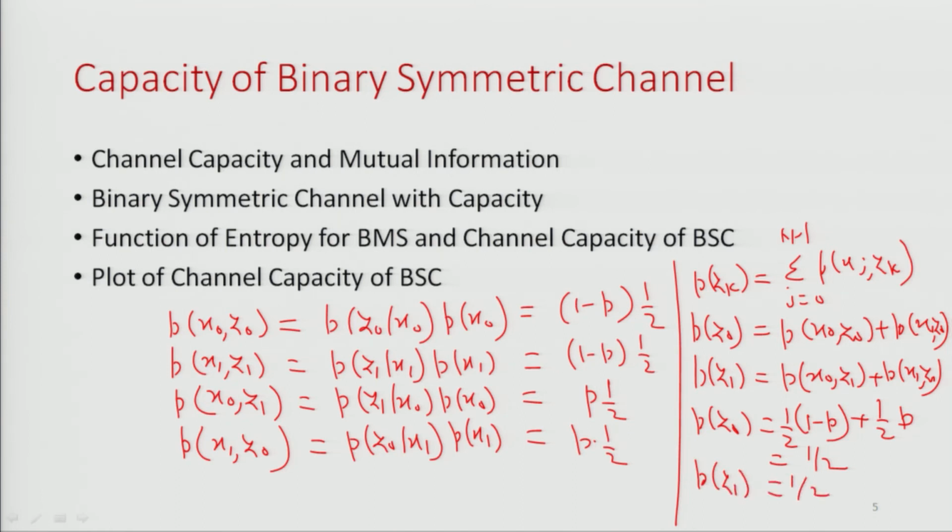Then output probabilities and joint probabilities are calculated. Now we can put these values into the equation of the mutual information.